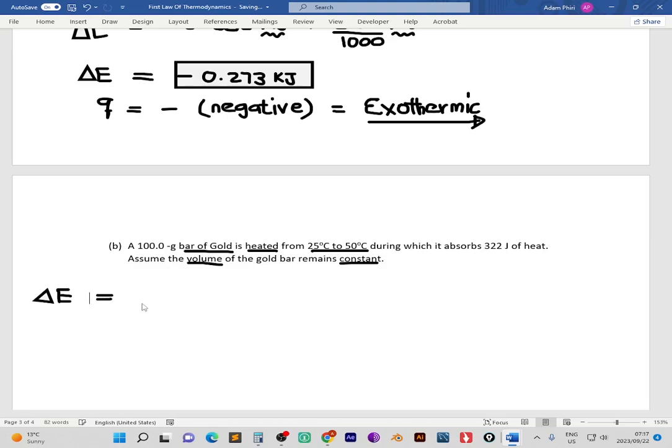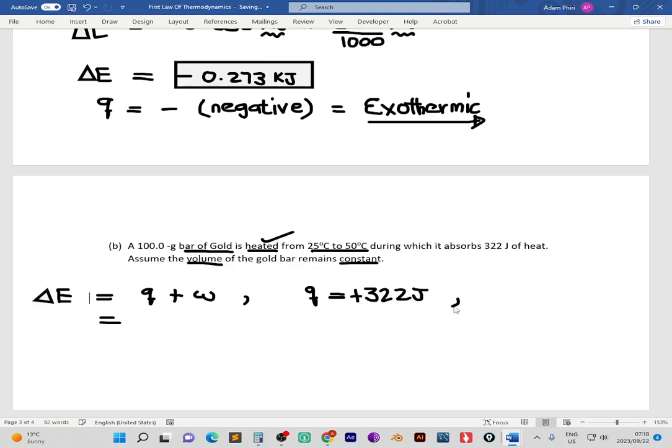The equation is that internal energy is equivalent to the heat in or out of the system plus the work done by the system or on the system. So let's look again at the heat from 25 degrees to 50 degrees, given as 322 J, which is joules, the unit for energy.